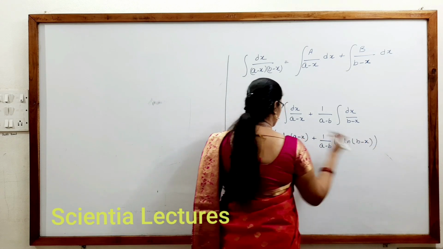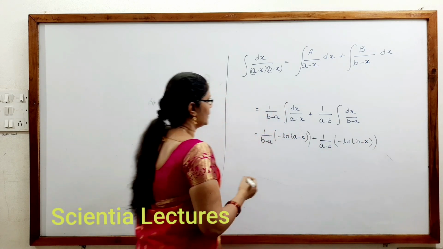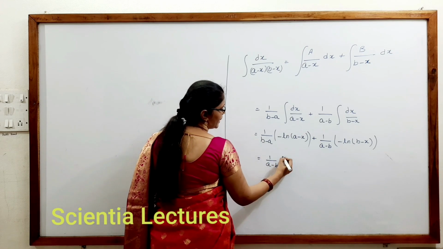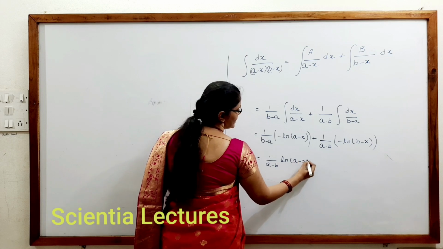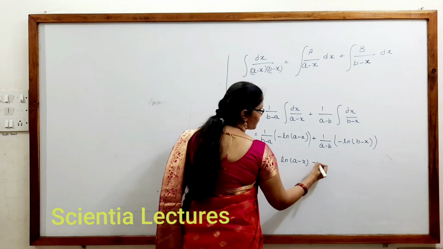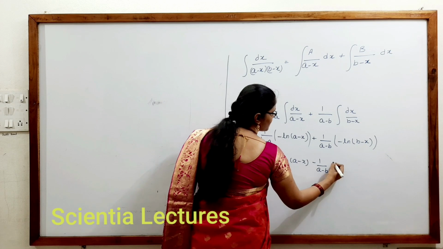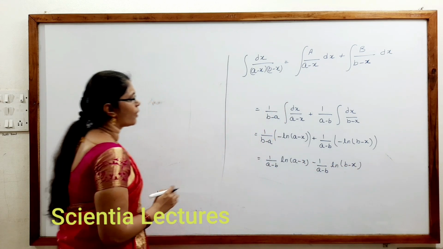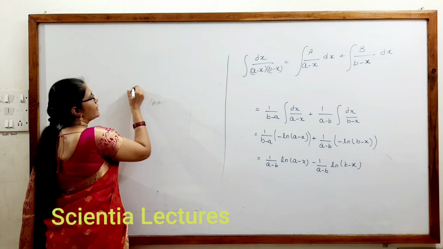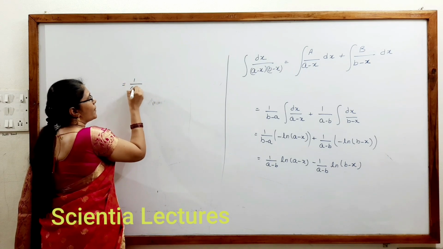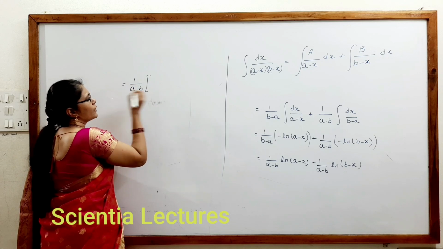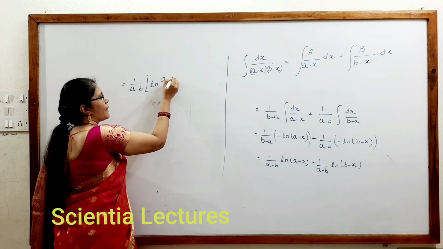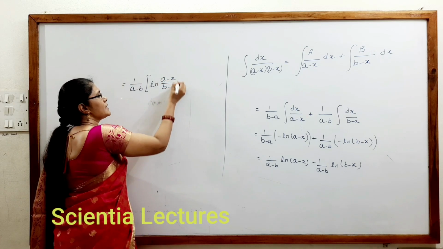Now in this you can observe that 1 by (b minus a) ln (a minus x) could be written as minus 1 by (a minus b) ln (a minus x), such that (a minus b) can be taken common. If you take it common in logarithms, this is equal to 1 by (a minus b) taken in common ln, minus becomes a division, we all know, (a minus x) by (b minus x).